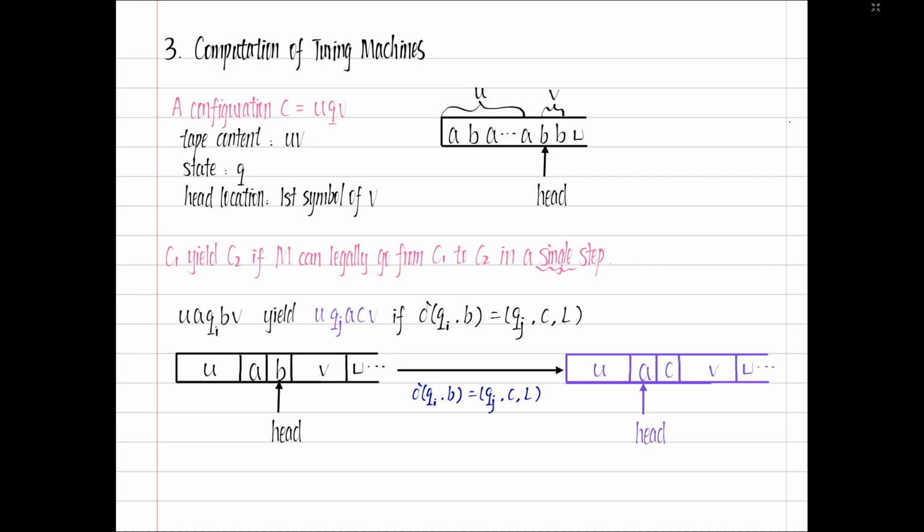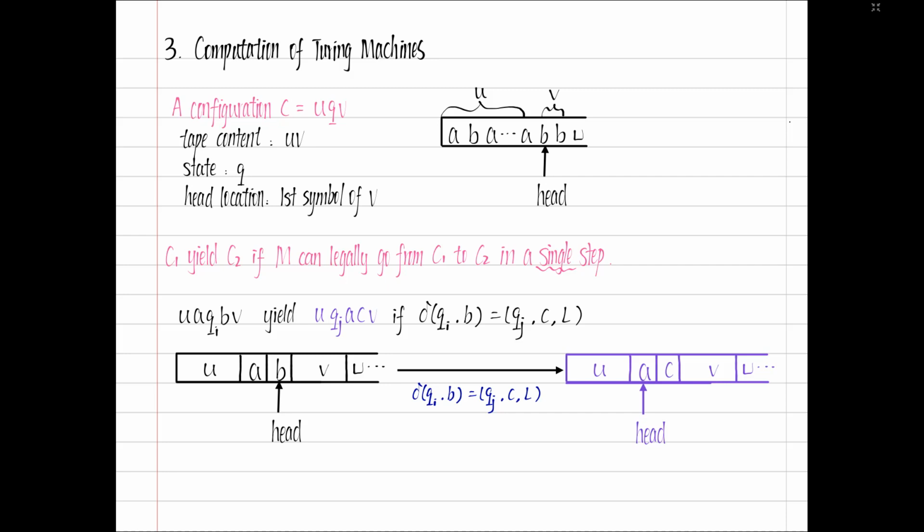The tape head is on the first symbol of V, and the machine is on state Q. We say a configuration C1 yields C2 if the machine can go from C1 to C2 in a single step, according to the transition function.